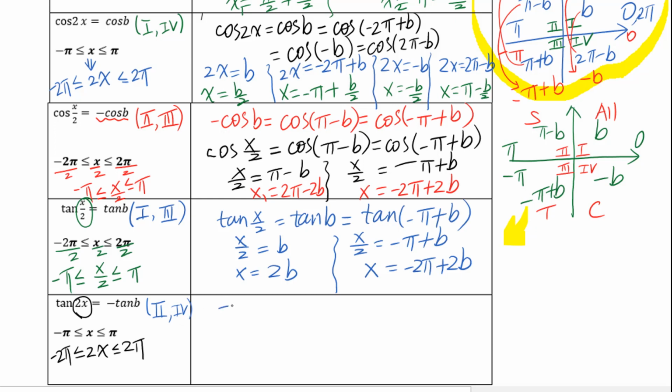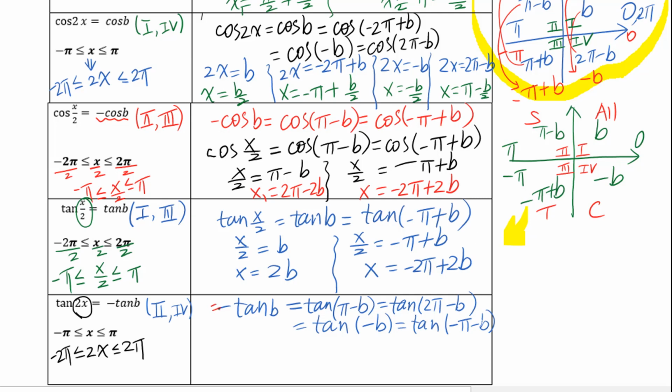So you have negative tangent b equals tangent pi minus b equals tangent 2 pi minus b, and equals tangent in the fourth quadrant. So you have negative b and tangent negative pi minus b.